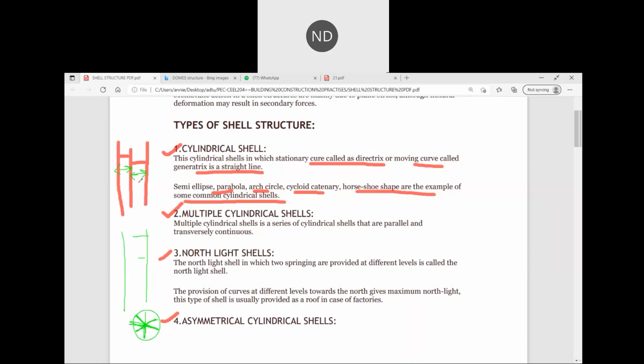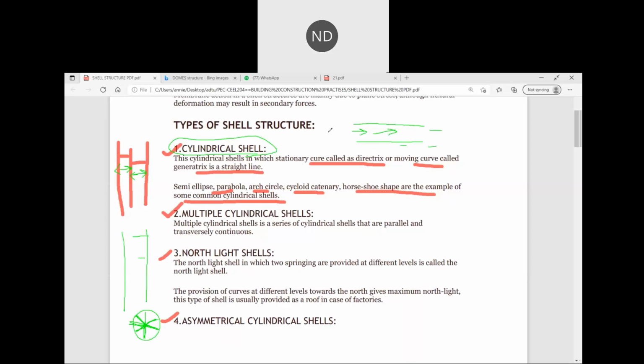Now coming to your multiple cylindrical shell, this is a cylindrical shell which will have one cylindrical shell structure. In some underground structures, you have this kind of shell structure through which people pass, a cylindrical structure, and on the outer surface you have all the water outside.